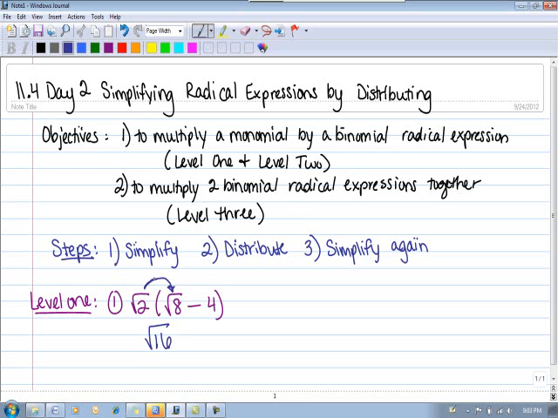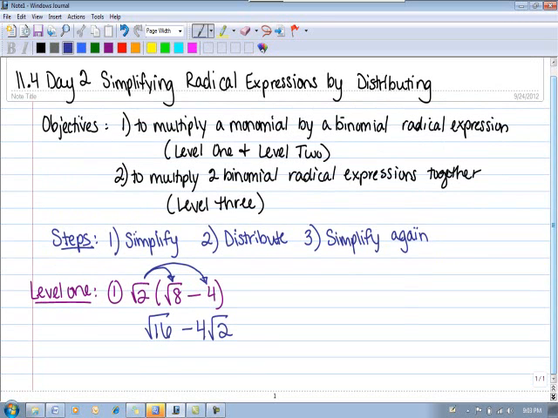And then take the radical 2 and multiply it by that negative 4. So radical 2 times negative 4 is negative 4 radical 2. Remember, numbers that are outside do not combine with numbers that are inside the radical, so we just keep the negative 4 outside, keep the 2 inside, and then we're good. Okay, so we distributed, and then we're going to go ahead and simplify again.